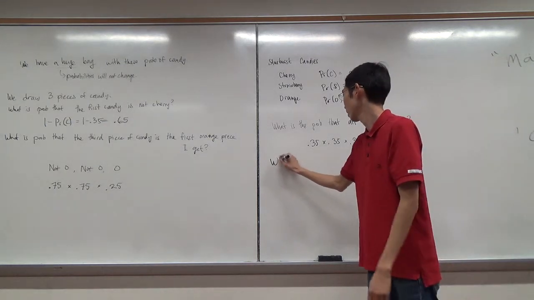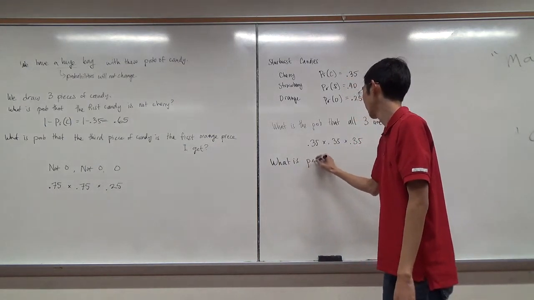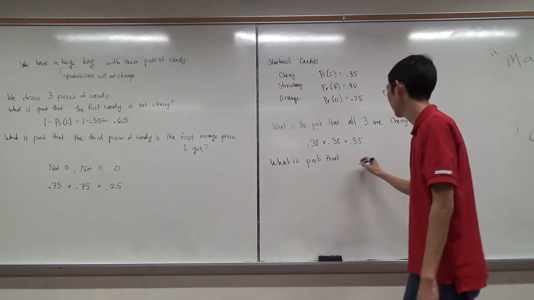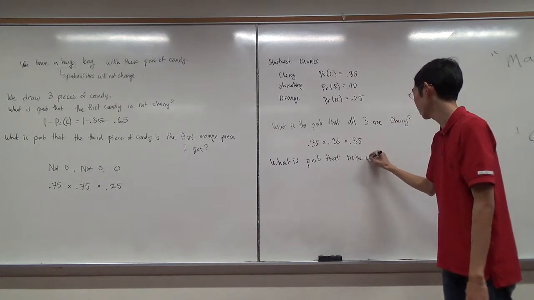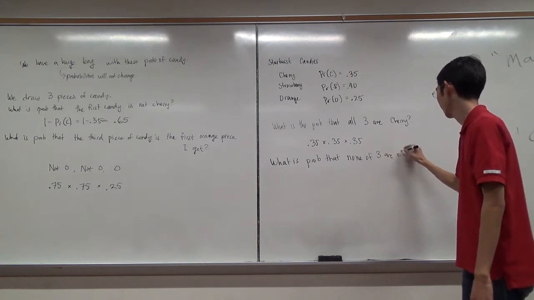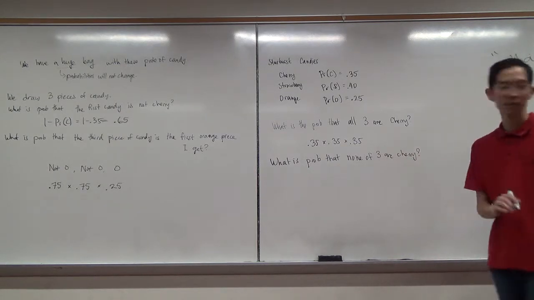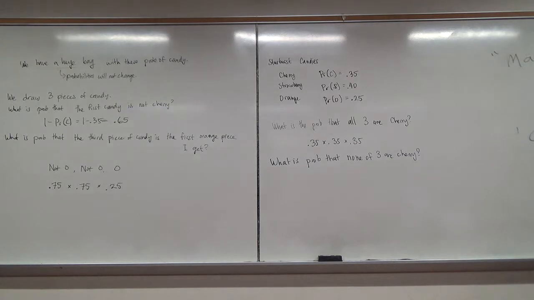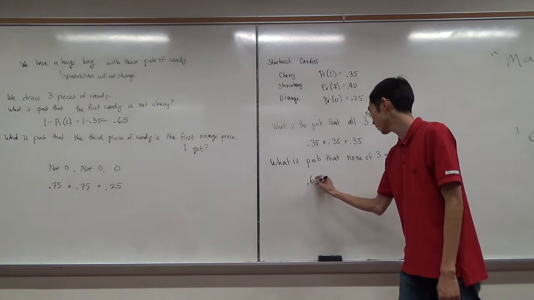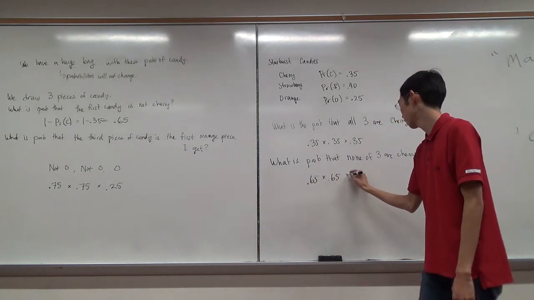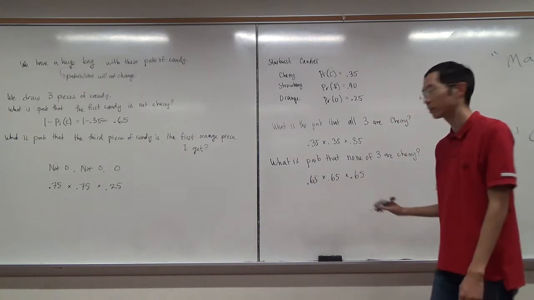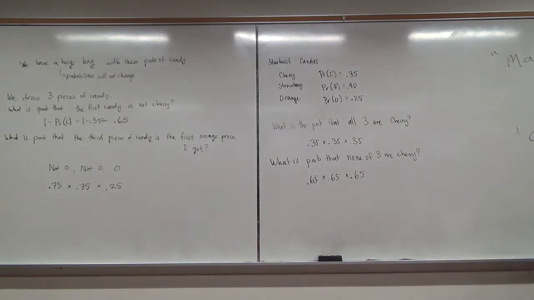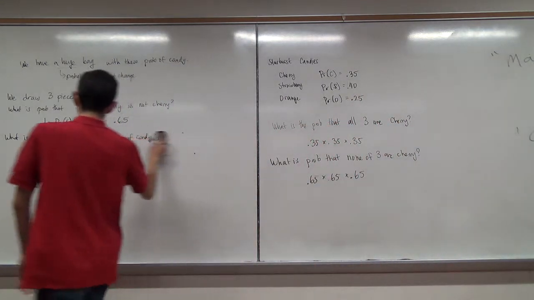What is the probability that none of the three are cherry? I would do 0.65 times 0.65 times 0.65. So keep those in mind.